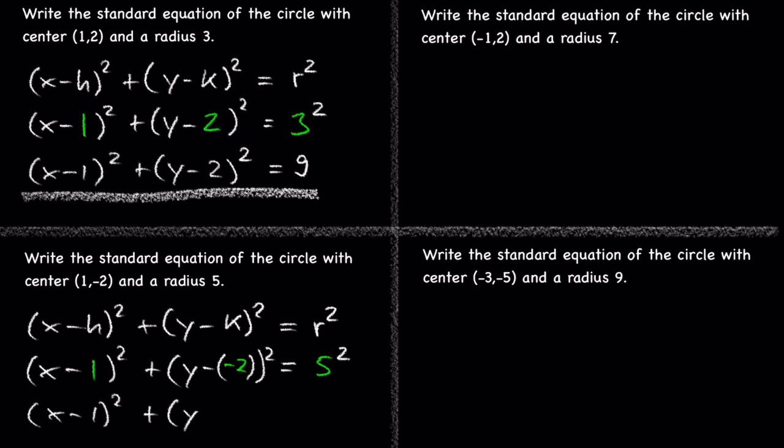A negative and a negative is positive, so we get plus 2 here. And 5 squared is 25. And we are done with this problem.